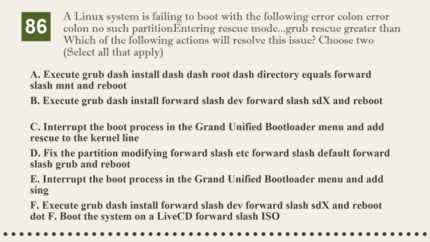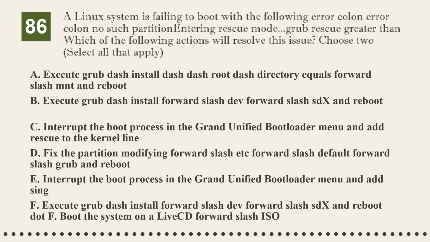Option B, execute grub-install /dev/sdx and reboot. Option C, interrupt the boot process in the Grand Unified Bootloader menu and add rescue to the kernel line. Option D, fix the partition modifying /etc/default/grub and reboot. Option E, interrupt the boot process in the Grand Unified Bootloader menu and add single.